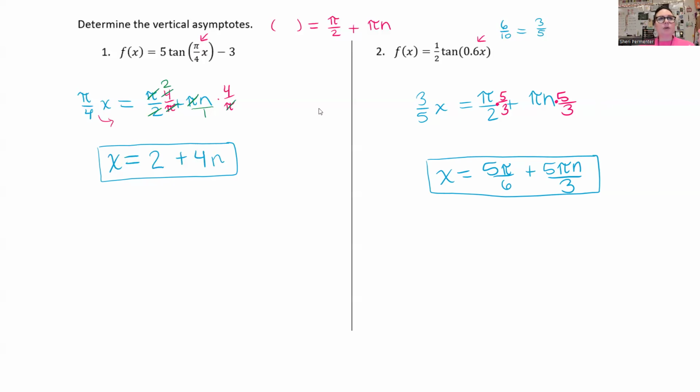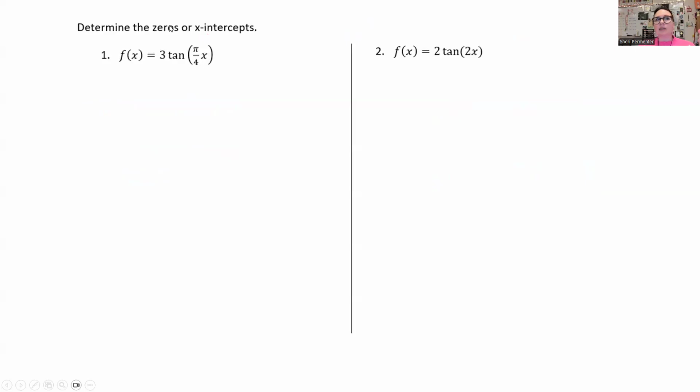Then the last piece that we're going to talk about is finding the zeros or the x-intercepts. To find the zeros or the x-intercepts, we're going to be using this formula.